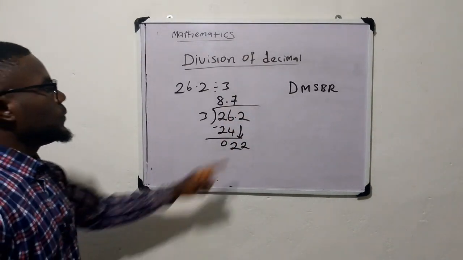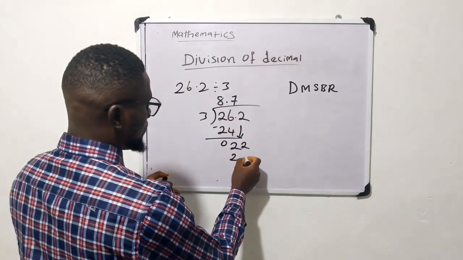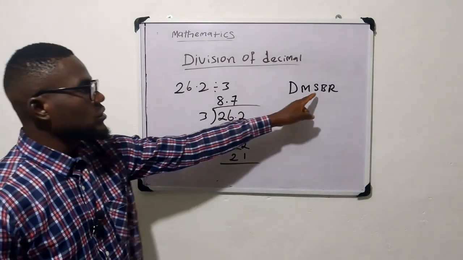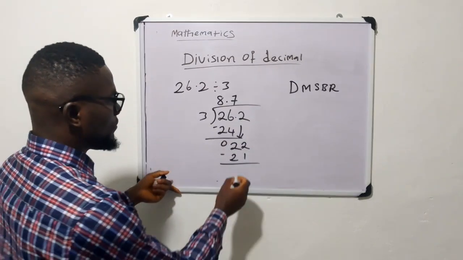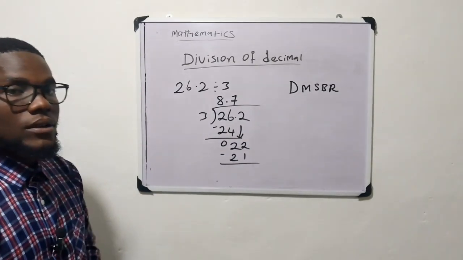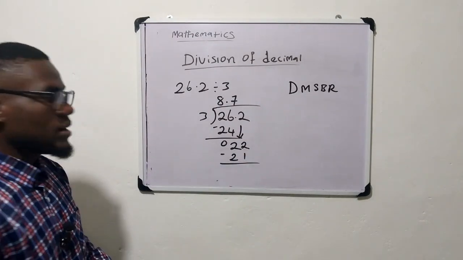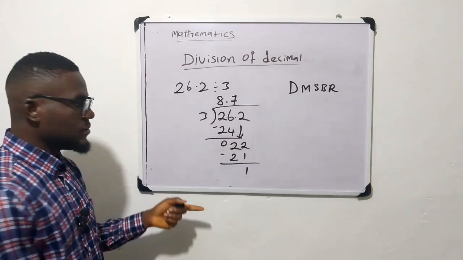All right, now when we multiply 7 by 3, you have 21. Now after multiplication, subtract. All right, now when we subtract 1 from 2, we have 1. Subtract 2 from 2, you have 0 left.